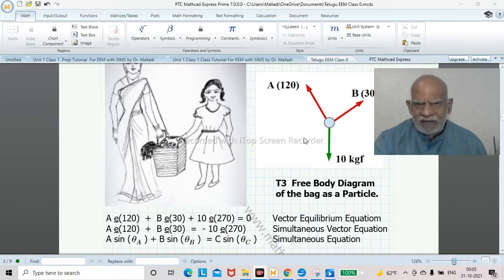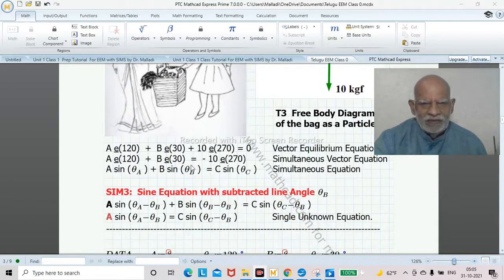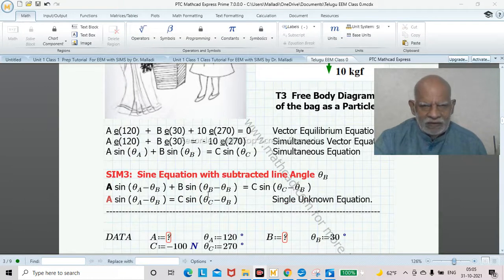The idea here is that when you take a vertical component, B will have zero vertical component. That's what we are accomplishing here. So we are making sine theta equal to zero, therefore B is eliminated. So in this equation, only A is unknown. You can easily find out A by transposing this multiplier here.